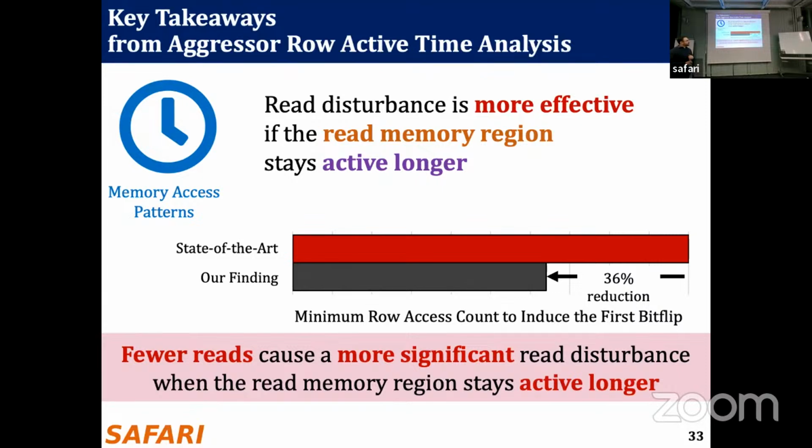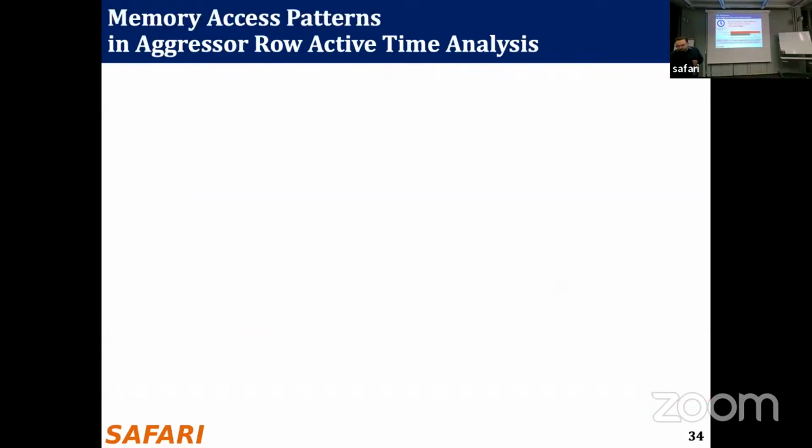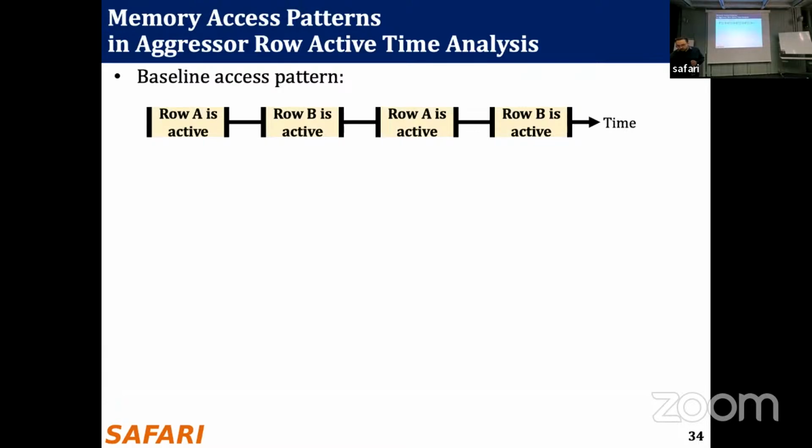But later on, this analysis paved the way to a deeper exploration of this phenomenon, and it led to another paper later on. So our observation here was that fewer reads cause a more significant read disturbance when the read memory region stays active longer.